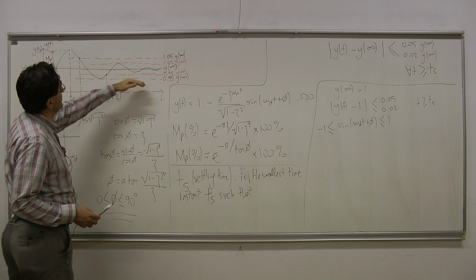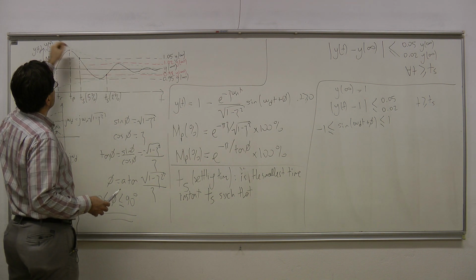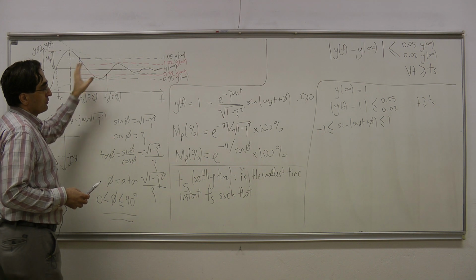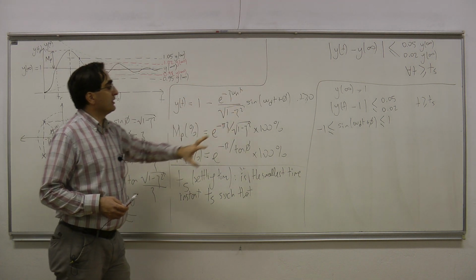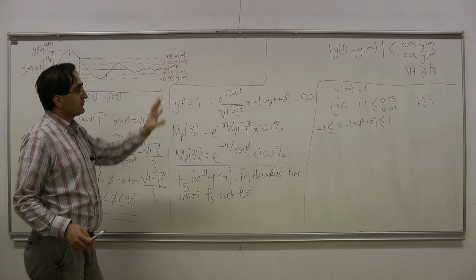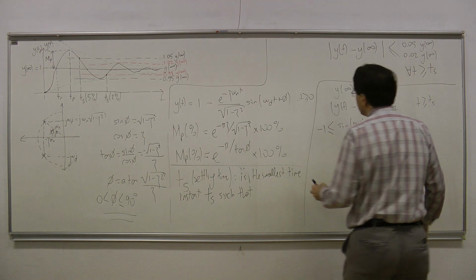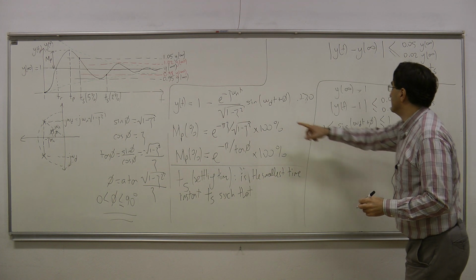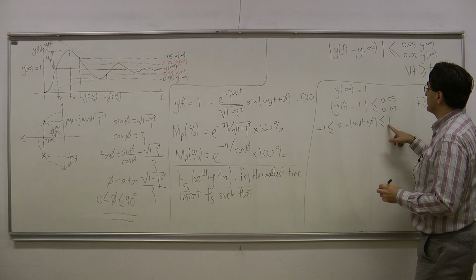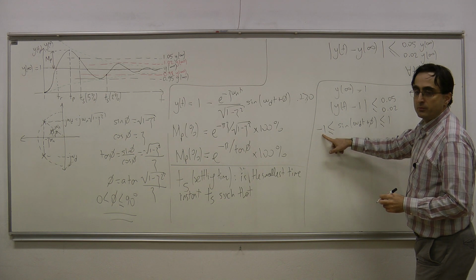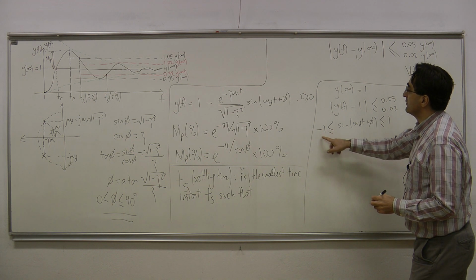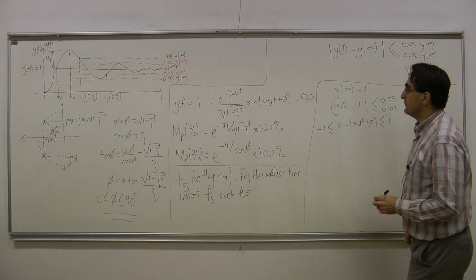We see that these lower and upper bounds do not oscillate. So from this expression, I need to get rid of that sine function, and I'm going to do that either by substituting sine equals 1 or sine equals -1, the maximum and the minimum value of the sine function.